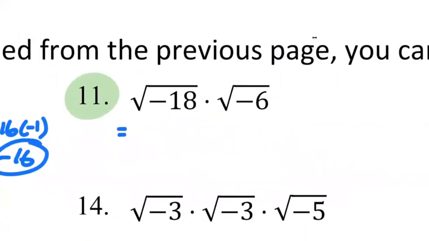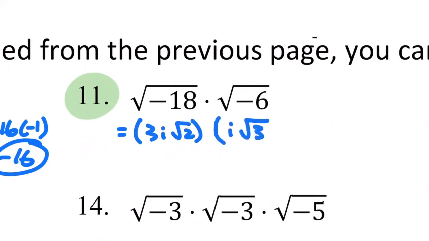Next up, we have root -18, which is 3i root 2. And just like what we did back in level 1.1, we can actually break down the root 6 into root 3 and root 2. We do that because we see something right here, don't we? Root 2 times root 2 is simply 2. 2 times 3 is 6.